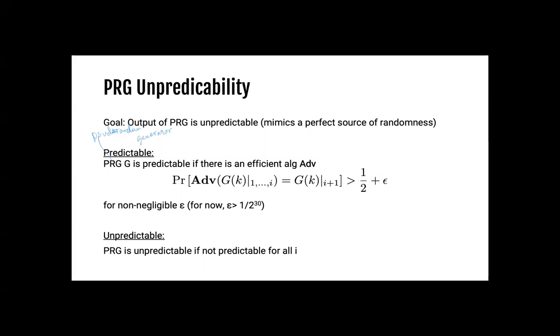So for a pseudo-random generator G, it is predictable if there is an efficient algorithm. We call this algorithm the adversary, ADV, representing adversary. And let me correct my spelling.